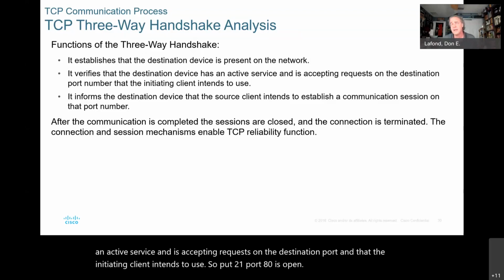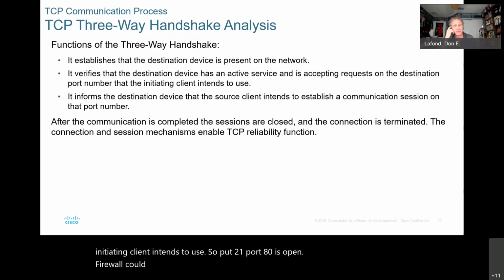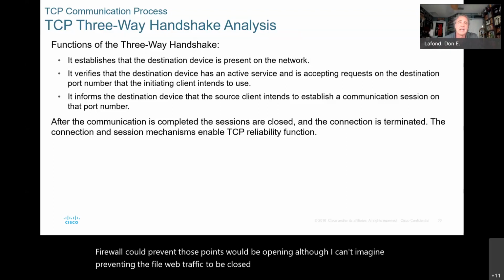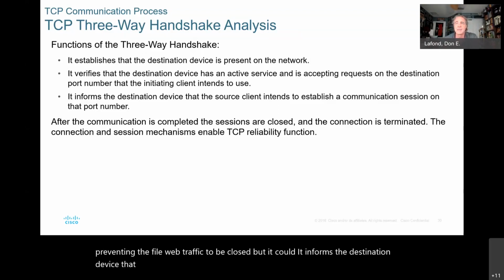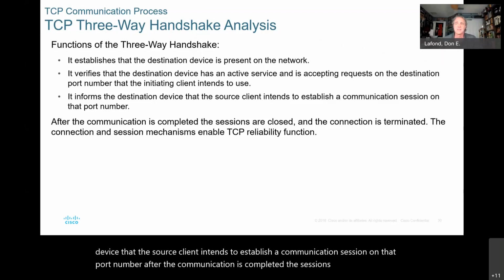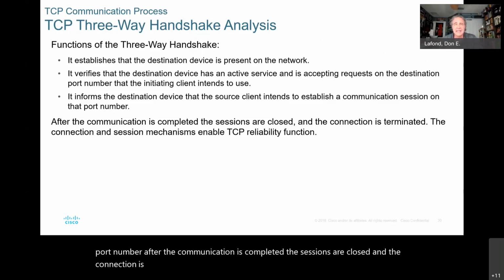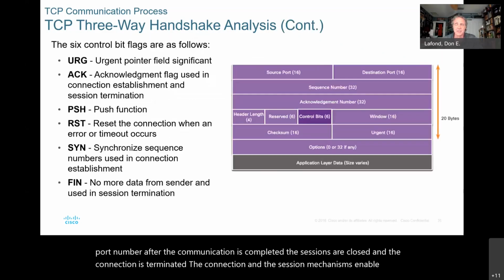A firewall could prevent those ports from being open, although I can't imagine web traffic being blocked, but it could. It informs the destination device that the source client intends to establish a communication session on that port number. After the communication is completed, the sessions are closed and the connection is terminated. The connection and the session mechanisms enable TCP to reliably function.